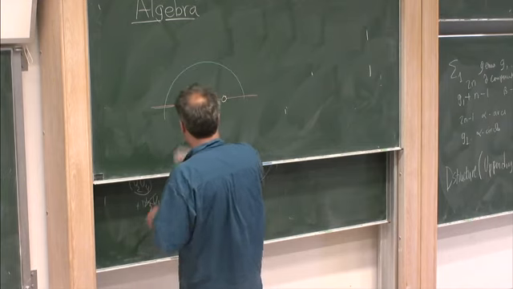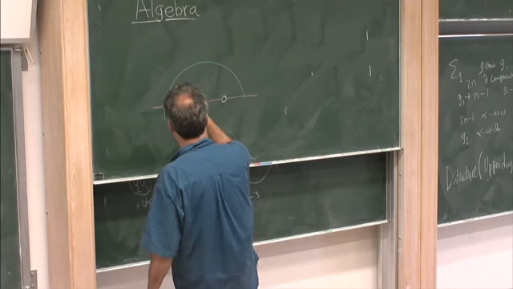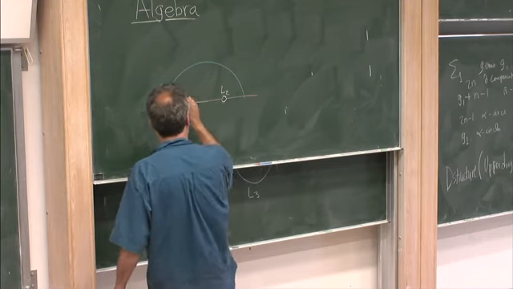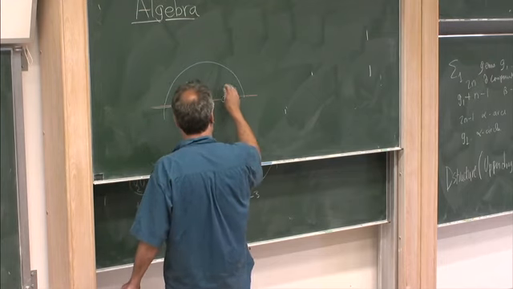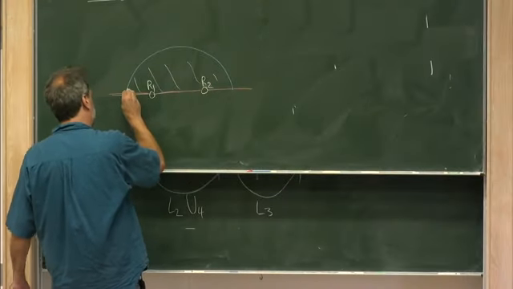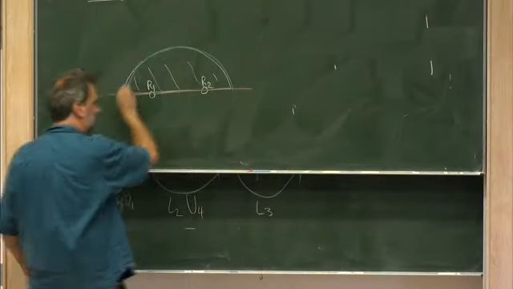So let's pretend that here's like L1 and here's L2. Maybe this is R1 and R2. I can't remember. So now we're going to look at holomorphic disks.